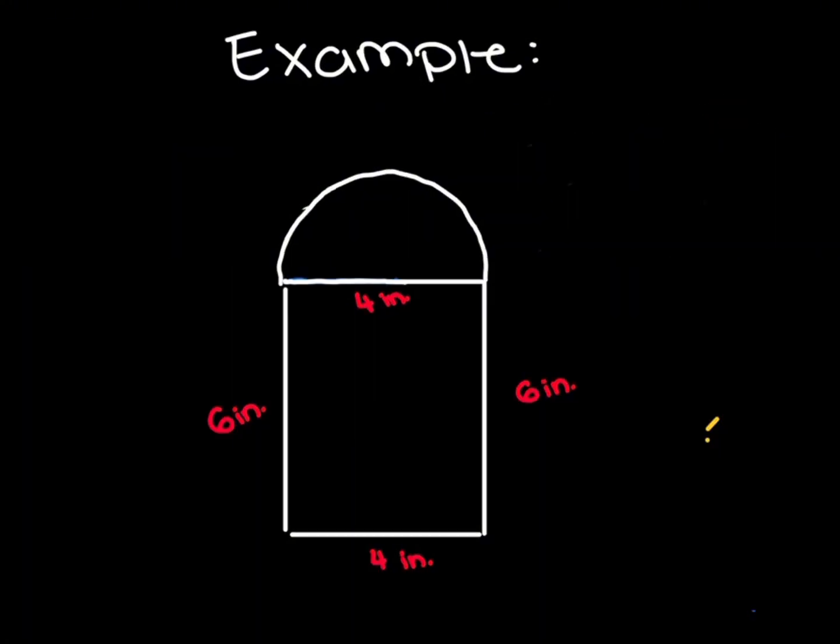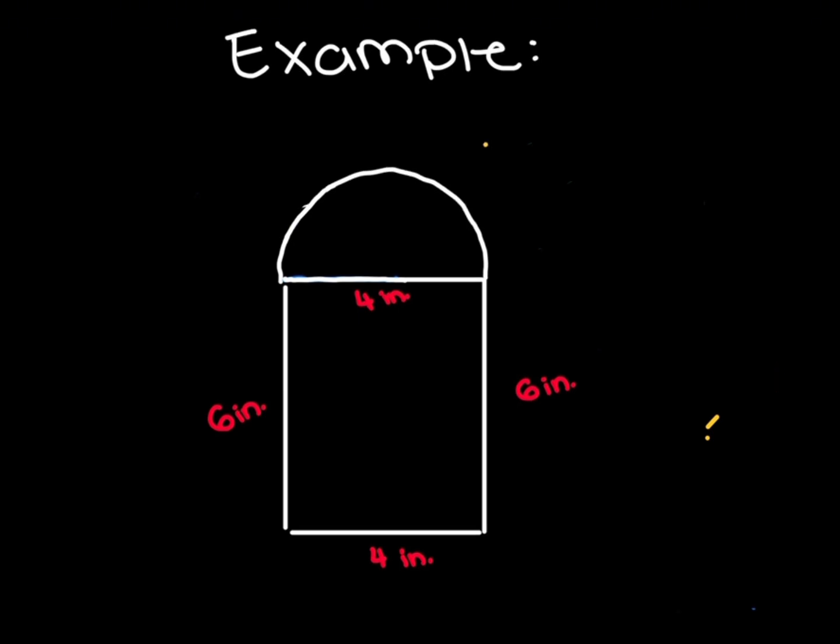Alright, now let's find the perimeter. So we know that the perimeter is essentially the outside fence of a figure. So we have to add the outside lengths. But you might be asking, how do we find the outside length of a circle? Well, we have to use the circumference. For a full circle, the formula is either 2 pi r or pi times diameter. And either works because 2 times r is equal to the diameter, since half of the diameter is the radius.